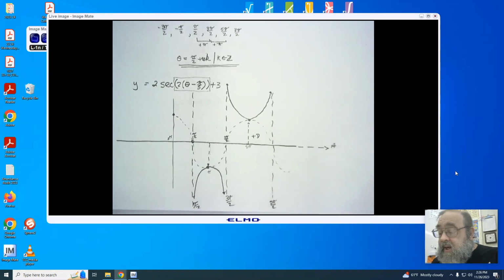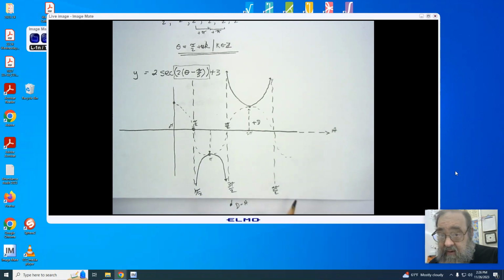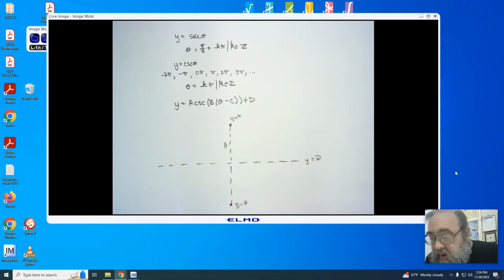What is different is the location of the asymptotes, but that is all that is different. We're still going to locate the asymptotes, go halfway in between, find our center line and go above and below, and plug in a value to see if we get negative 1 or 1, etc. So this is all going to be the same.